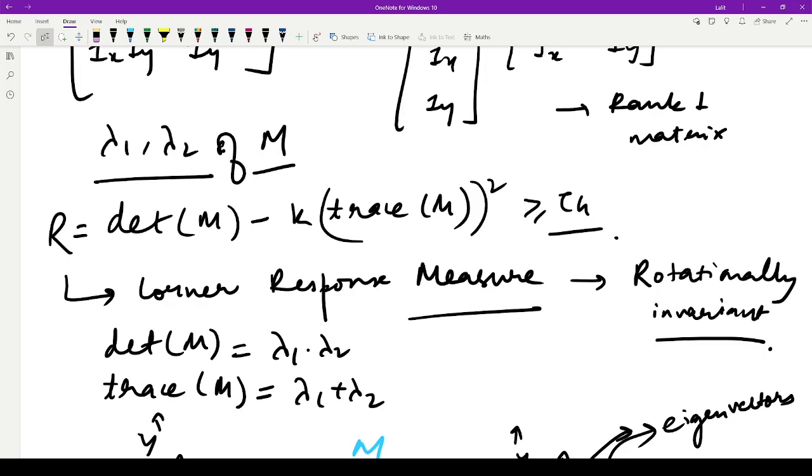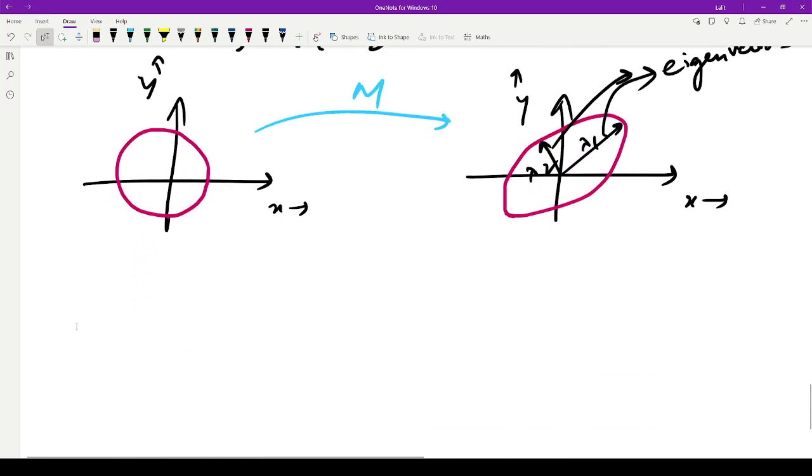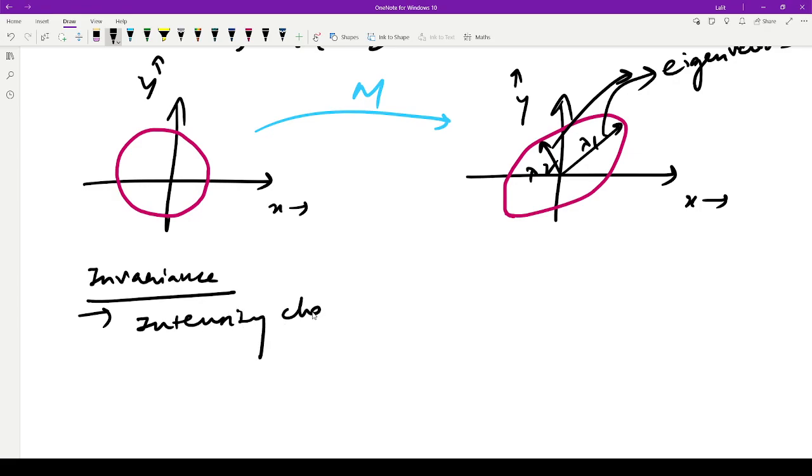Given these corners, what we ideally want is invariances to all of these things. Invariance to intensity change. This is about the detector, by the way.